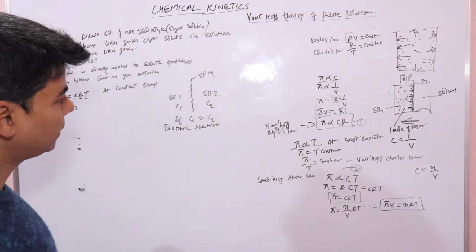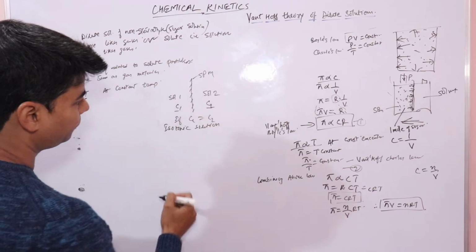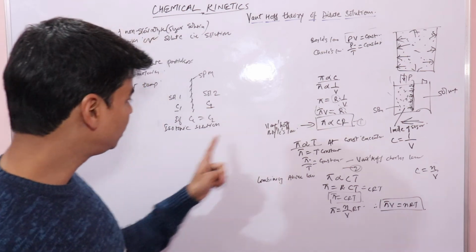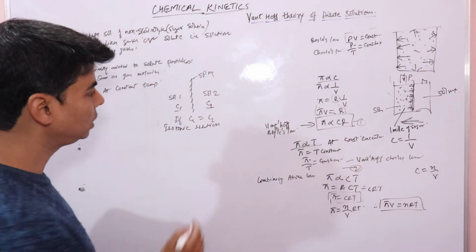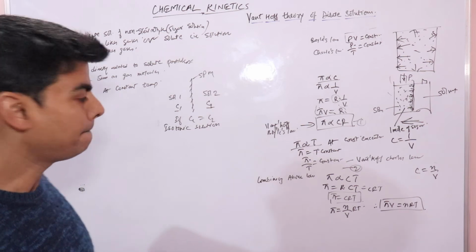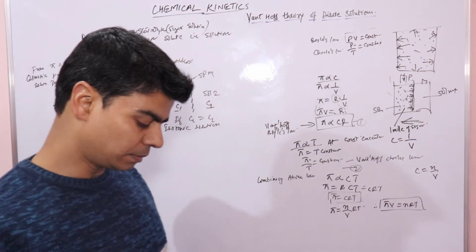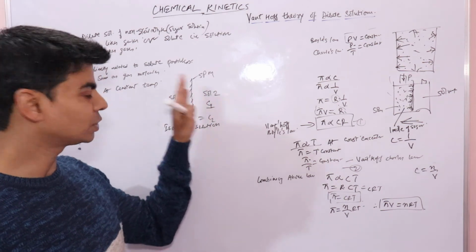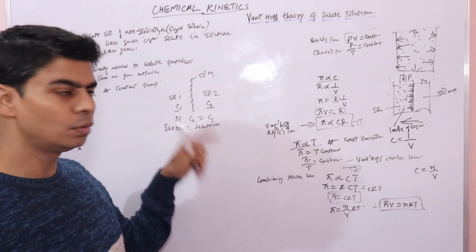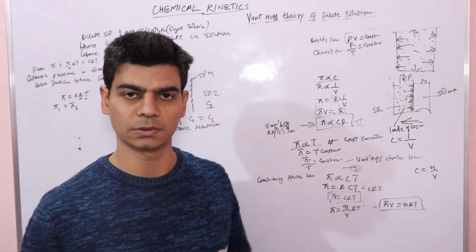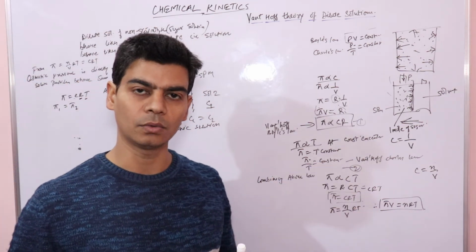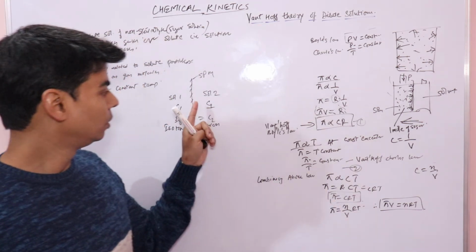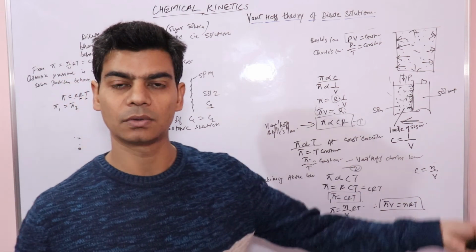So just imagine one thing: since concentration is the same, there is no case of higher and lower concentration, so would there be any net flow of solvent molecules through this semi-permeable membrane? Because we know that the motion of solvent molecules across this semi-permeable membrane was due to a difference in concentration of solutions, right? And we know by now that solvent molecules move from a region of lower concentration to a region of higher concentration, right?